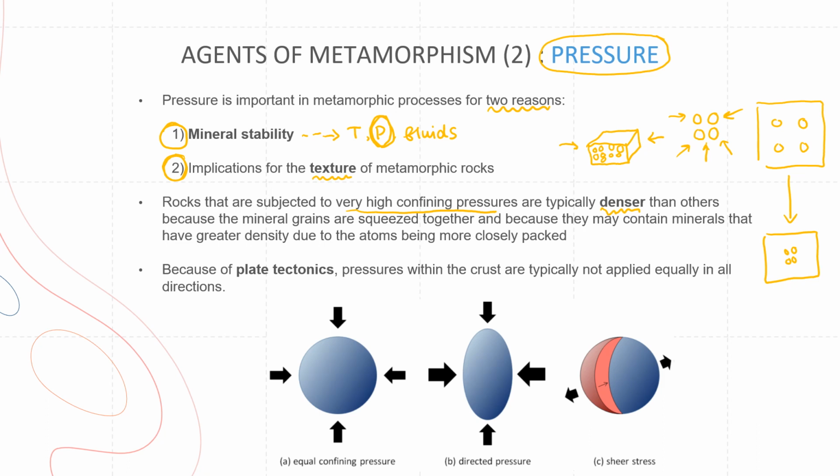And because of plate tectonics, you can imagine that the pressures within the crust would not typically be applied equally. So you'll have regions where the compression is higher than others. This can also be called directed pressure. We'll have a look at that in a bit more detail in the next slide.